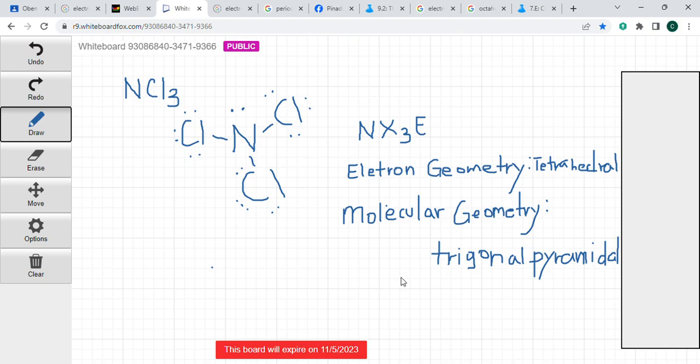Therefore, since it is asymmetrical, meaning the distribution of electrons around the central atom is not balanced, and if it's not balanced, therefore NCl3 is polar. So NCl3 is polar.